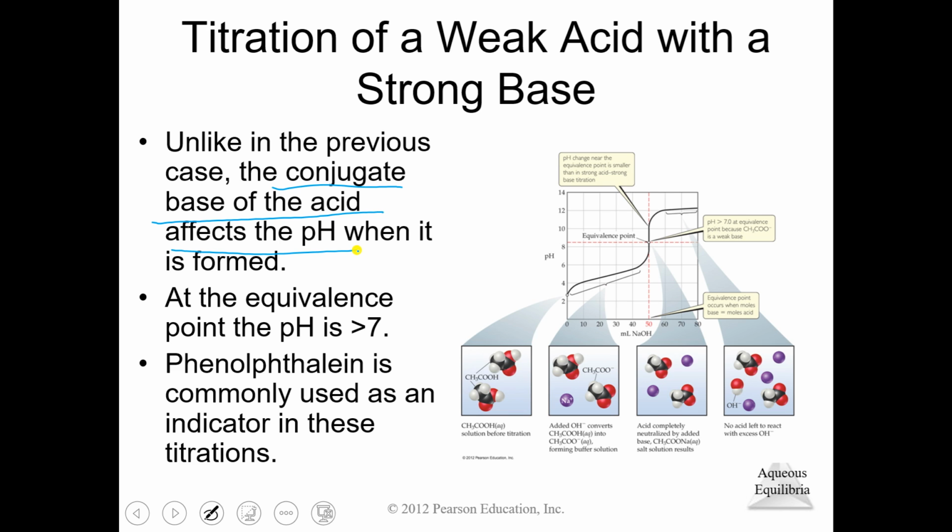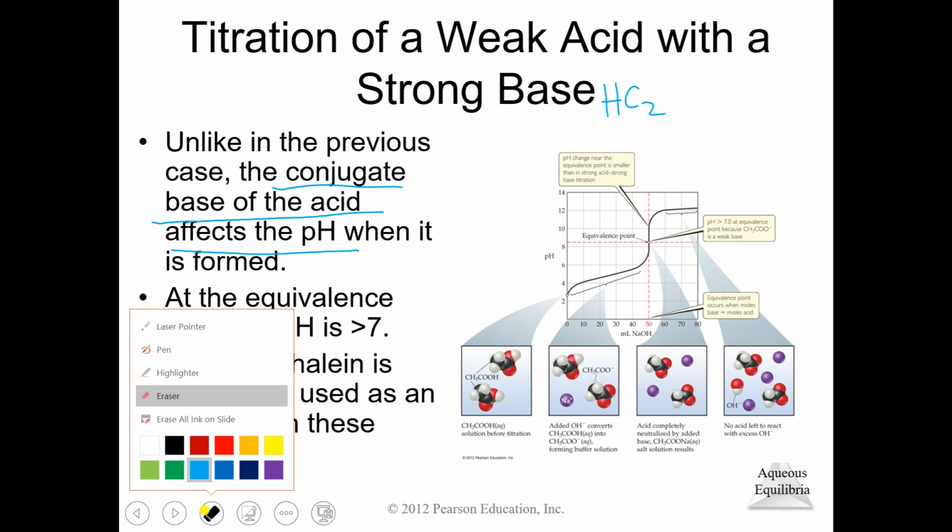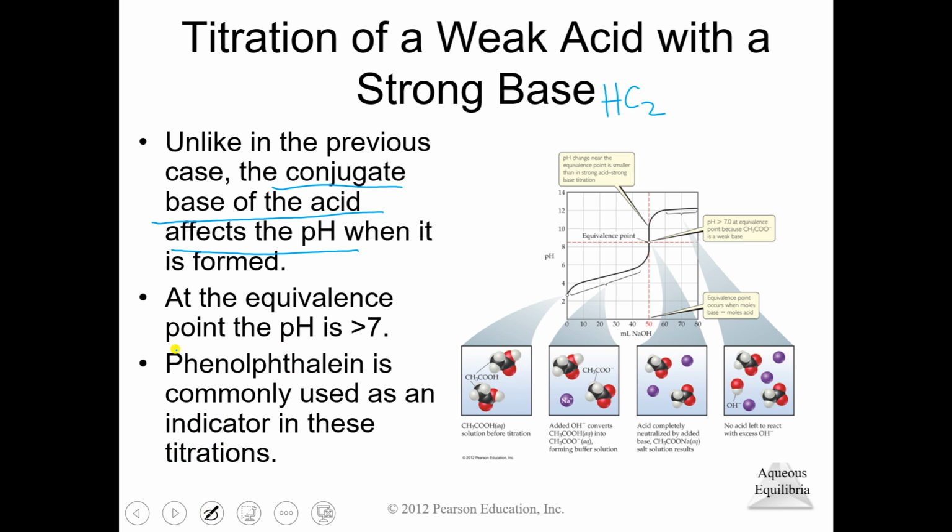If you remember, weak acids, for example, acetic acid, my brain is working faster than my finger can write. Okay, the conjugate of this acetic acid is the acetate anion.